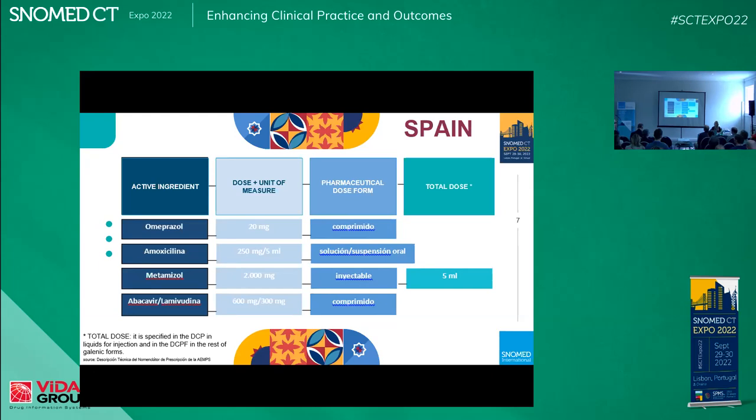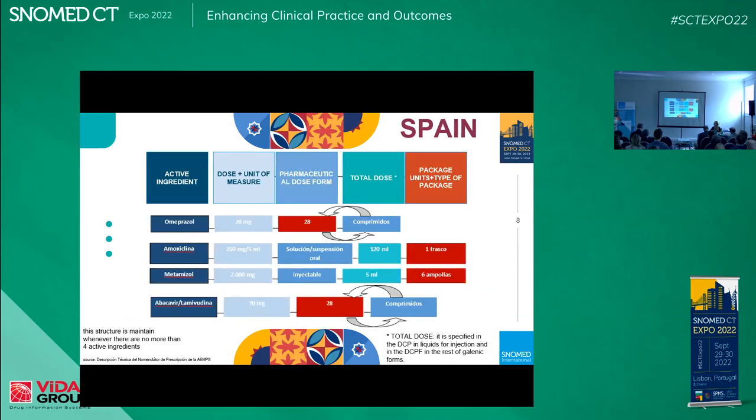This is only when the product is a solution or it's a liquid for injection. And this is the most specific level, which corresponds to the DCPF, an object that goes to the package level.